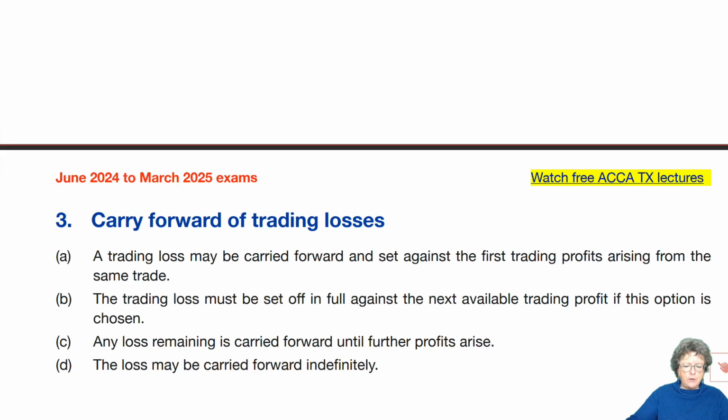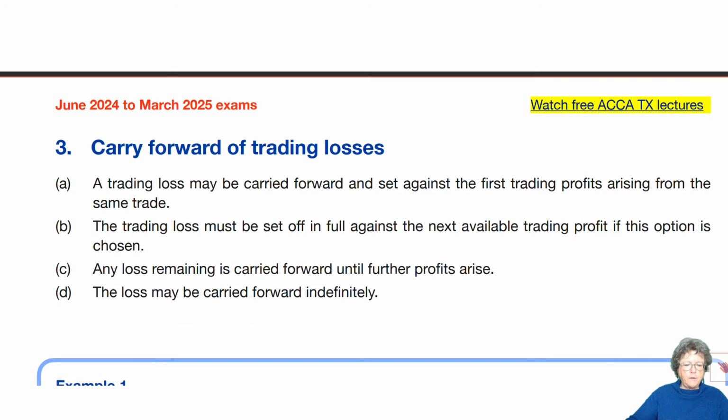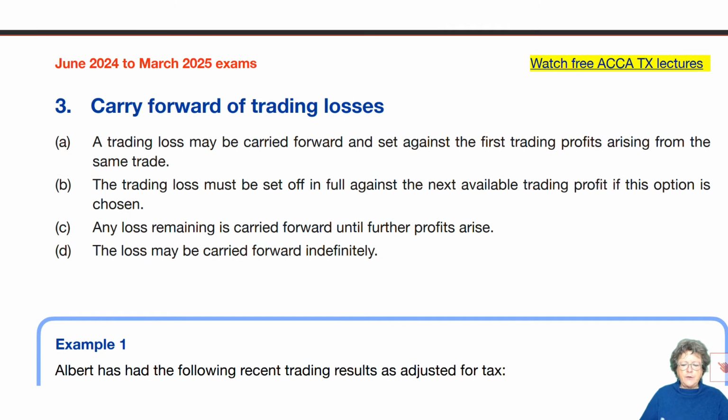So let's have a look at the first one. This is what's known as the default position. In other words, if you claim nothing and you do nothing, and you don't write anything extra on your tax return, then the losses will automatically be carried forward to be treated against the first trade profits arising from the same trade only, not total profits, just from the same trade.